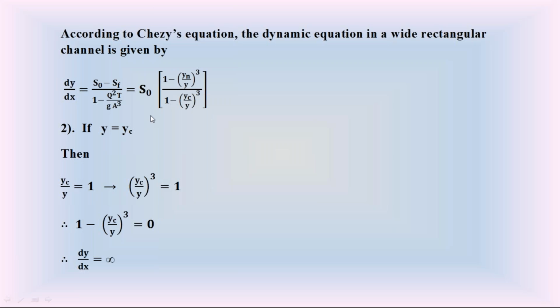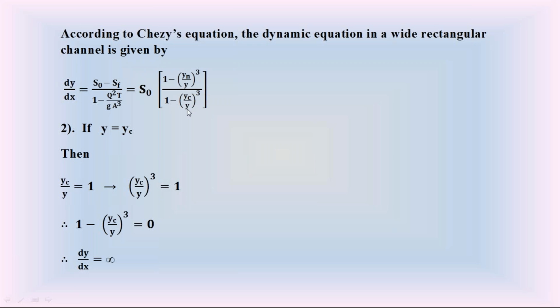Check this calculation carefully. If y is equal to yc, yc by y is equal to 1. So (yc by y) whole cube is also equal to 1. So 1 minus (yc by y) whole cube is 0. So this denominator is 0.